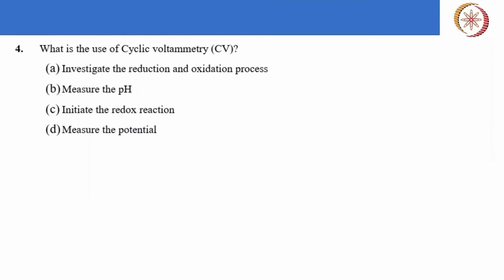So what is the use of cyclic voltammetry? Investigate the reduction and oxidation process, measure the pH, initiate the redox reaction, or measure the potential.